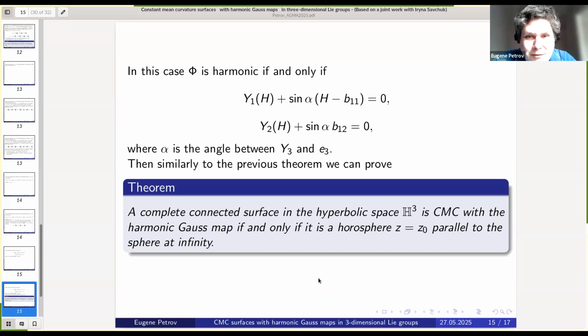So we can see in this case sine alpha is 0. So again, it's this situation, and if sine alpha somewhere is not 0, we have expressions for the second fundamental form, and we can come to a contradiction. Well, this indicates that this Gauss map is simply not very suitable for surfaces in H3.